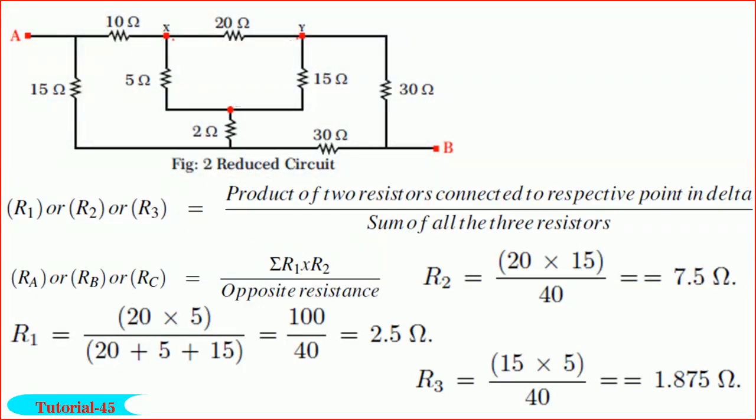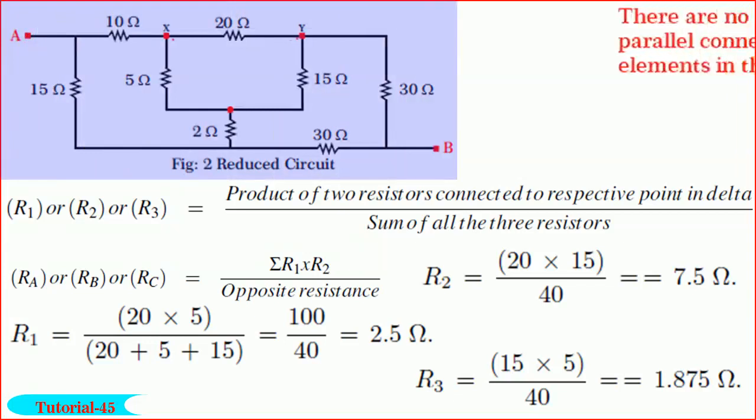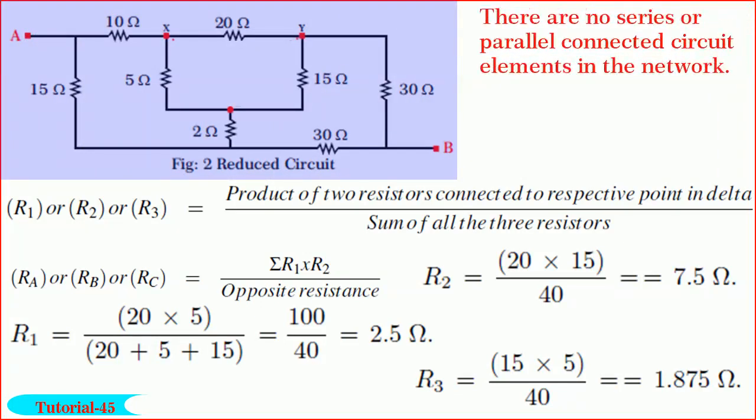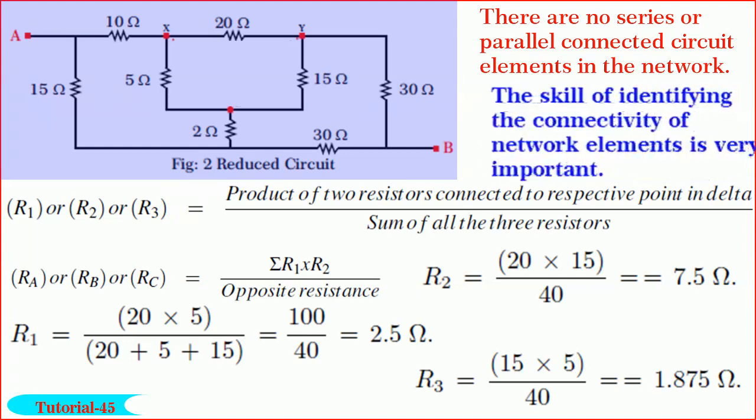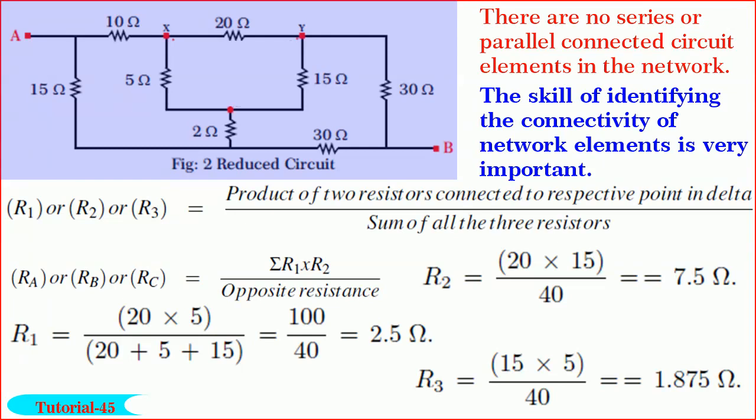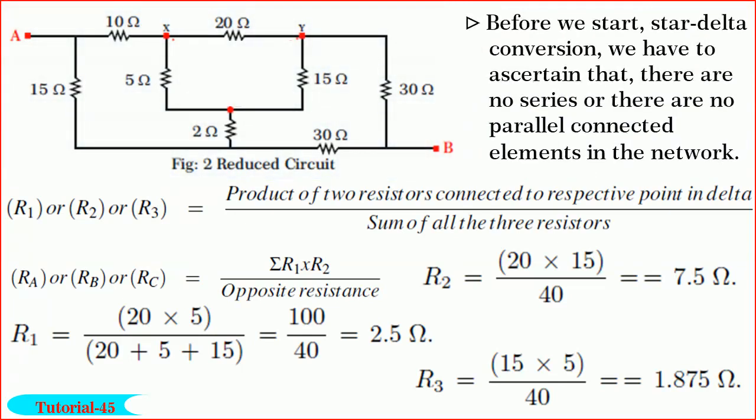You observe that there are no series or parallel connected circuit elements in this network. The skill of identifying the connectivity of the network elements is very important, friends. Now, observe that 10 ohm, 5 ohm and 20 ohm are in star.